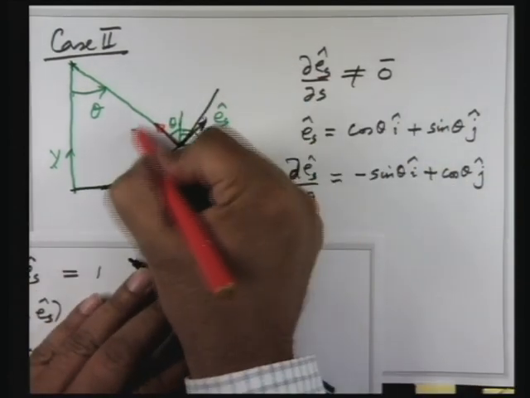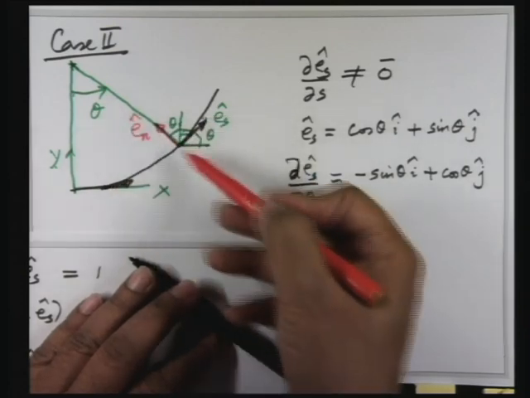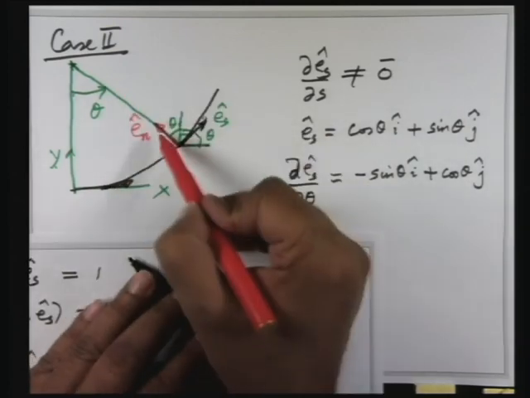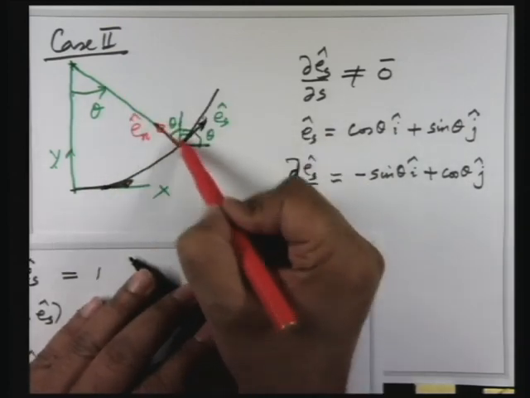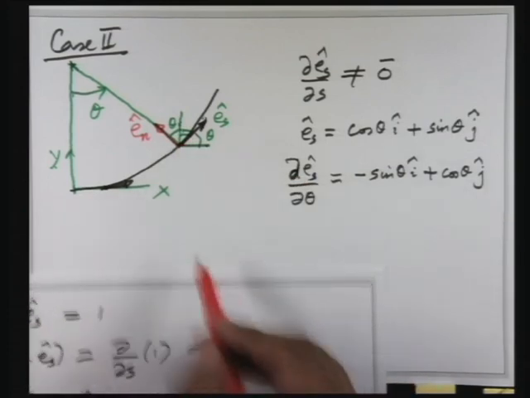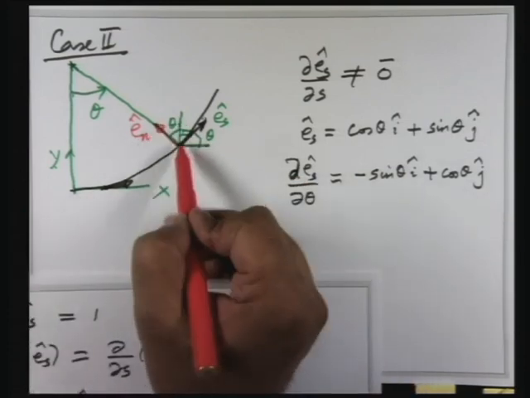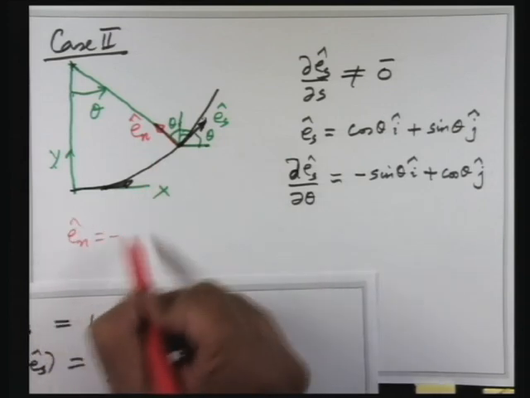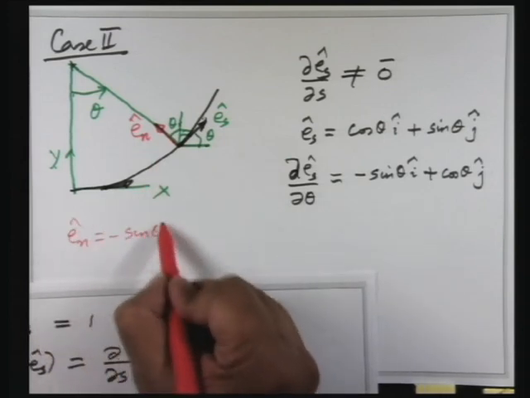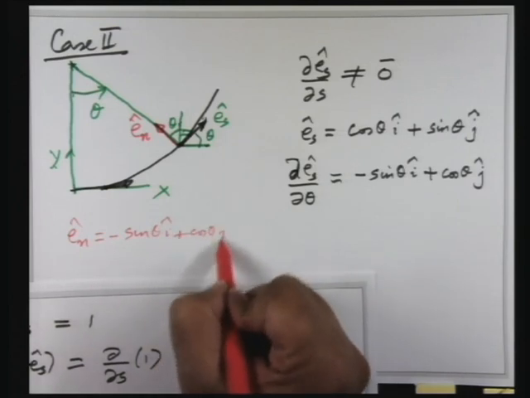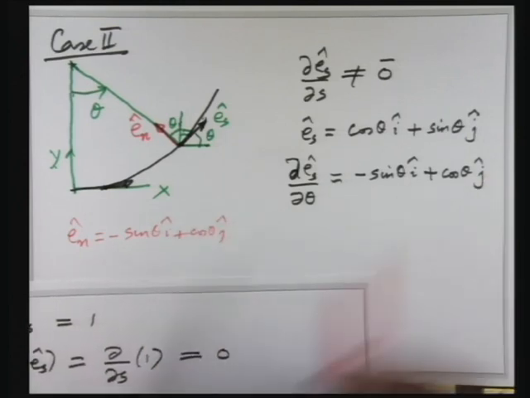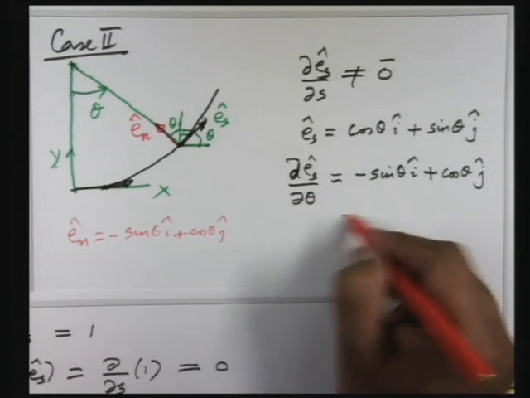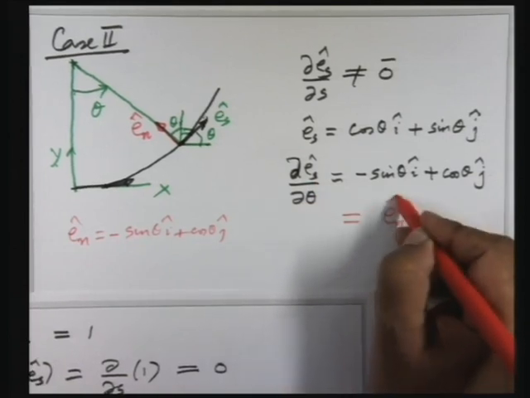We are calling it en, the normal direction, which is pointing towards the center of curvature. This also is a unit vector, it has magnitude 1. Now it has a negative x component and a positive y component. So you see that en is minus sin theta i plus cos theta j, which is exactly what you have over here. So des d theta you can say is en.